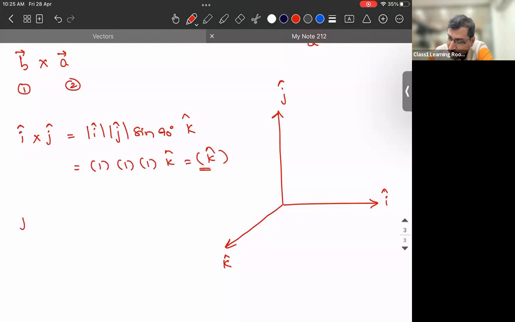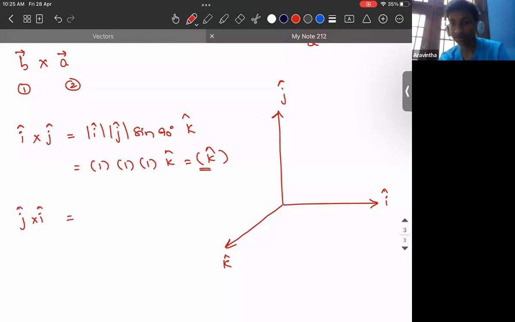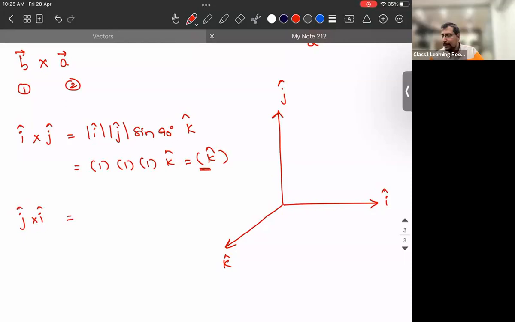Whereas, do this: J cap cross I cap, and tell me what you are going to get. It will be minus of the same, minus K cap, because from J you want to reach I, you rotate in the clockwise direction.